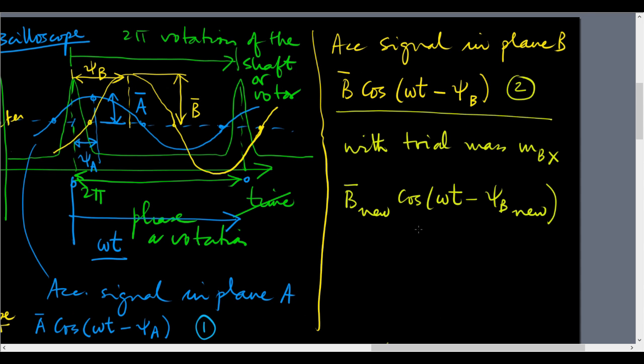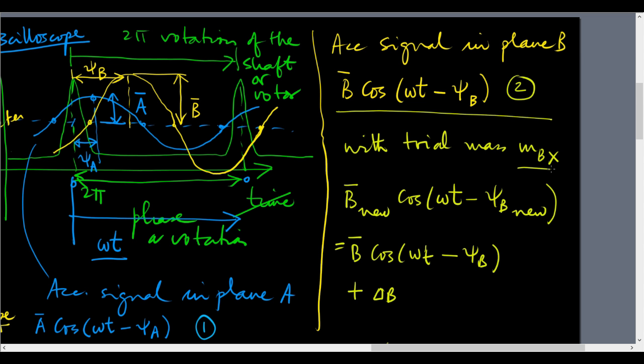But using trigonometry, you know that this is a sinusoid, this is another sinusoid, the difference is a sinusoid. So I will actually write it as b bar cos omega t minus psi b, plus delta b due to the mass mbx, right?